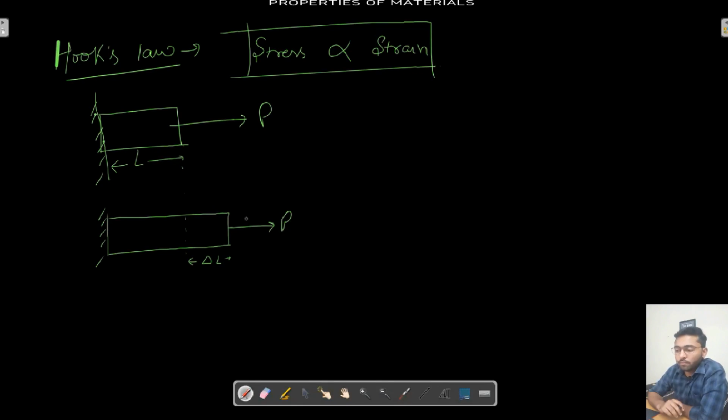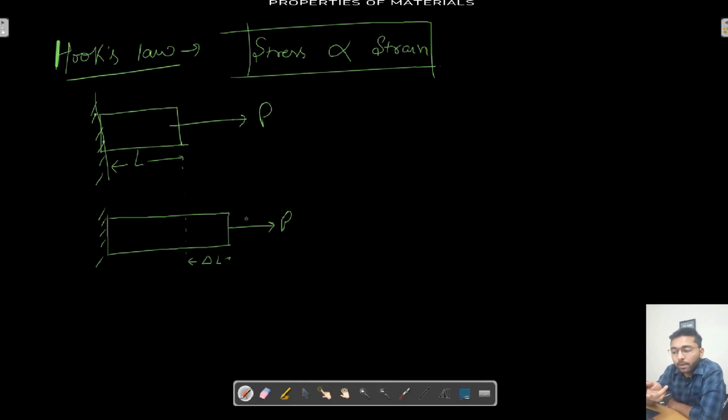So, this observation can be justified in such a way that whenever we apply a force on a particular body, if the body is a deformable body, it will show some sort of strain. It will show some sort of change in the dimensions of the body.